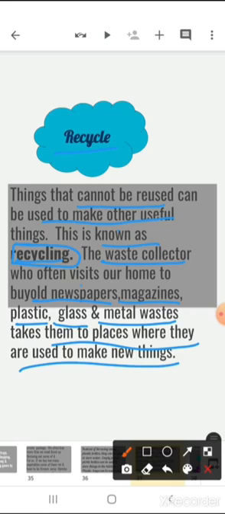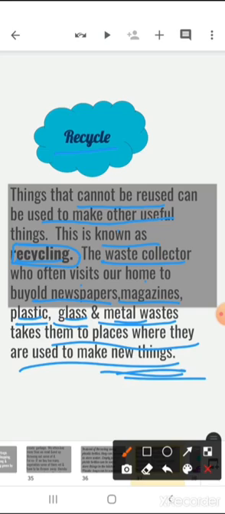Old newspapers and magazines are used to make paper bags and small envelopes. Plastic, glass and metal waste can be sent to some other place, and from there it can be recycled to make new things.